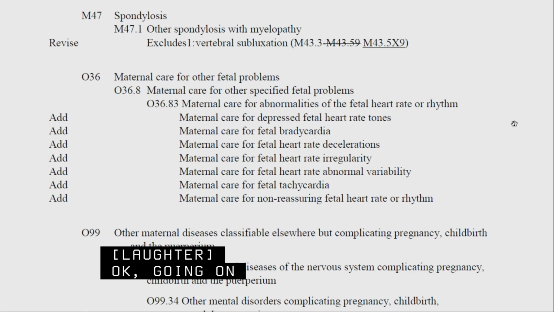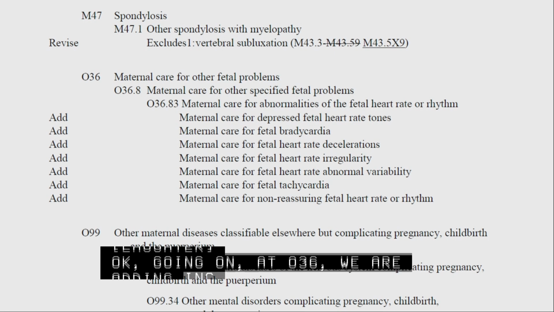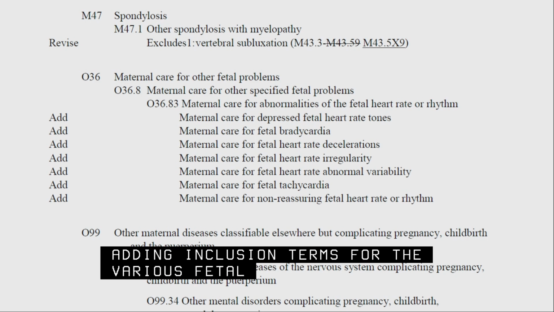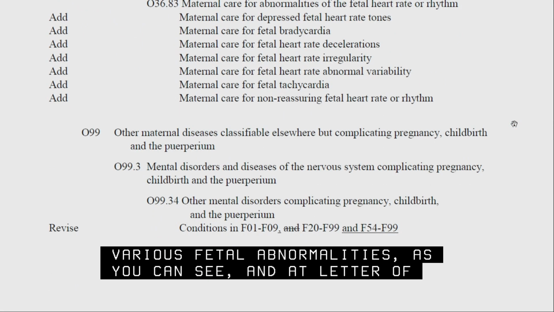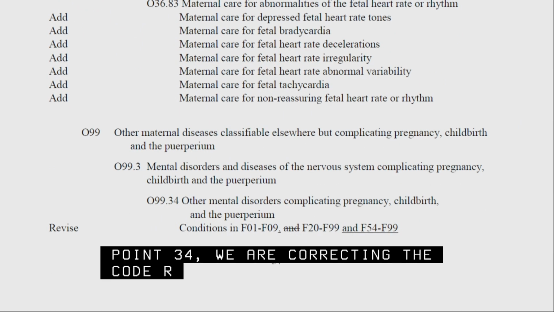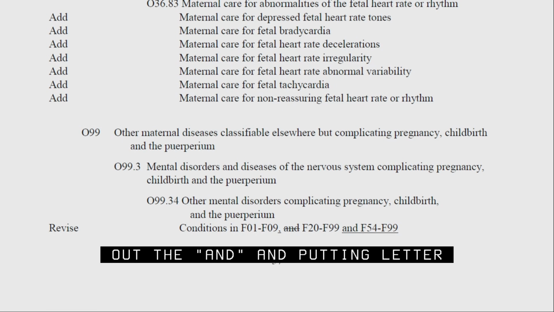At 036, we're adding inclusion terms there for the various fetal abnormalities, as you can see. And at 099.34, we are correcting the code range there from F01-F09, taking that out and putting F20 to F99, and then adding F54 to F99.